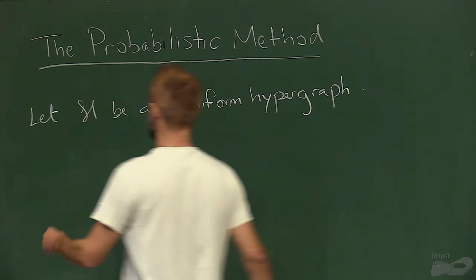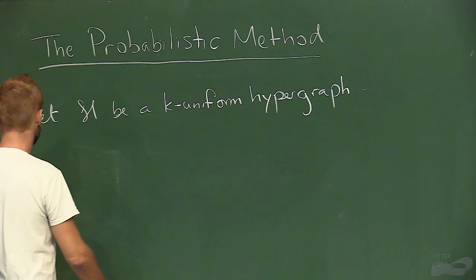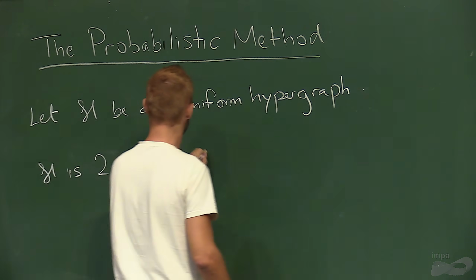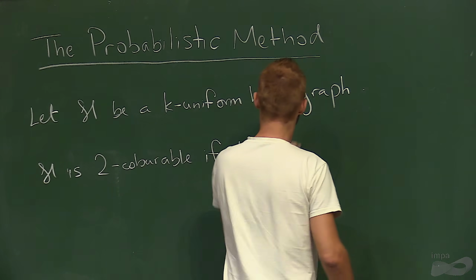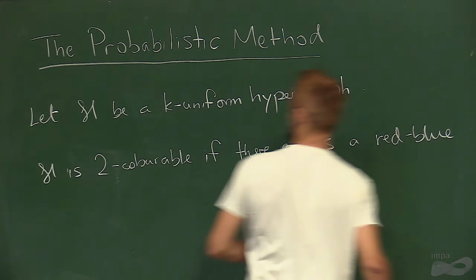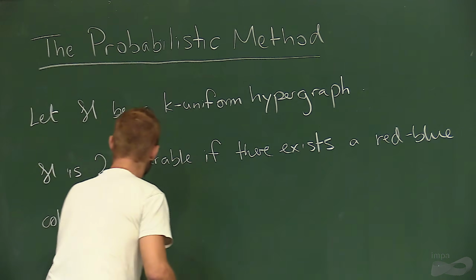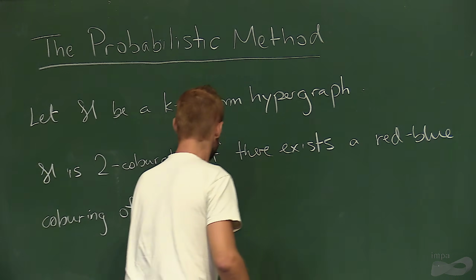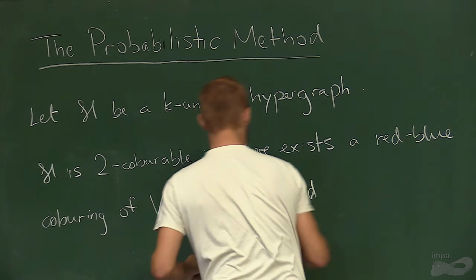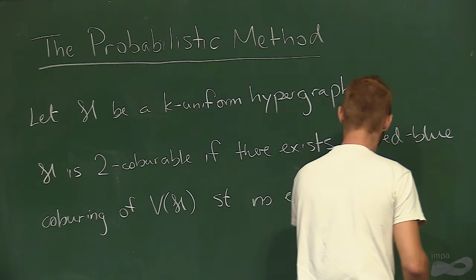And let's consider, so say H is two-colorable if there exists a red-blue coloring of the vertex set V of H such that no edge is monochromatic.